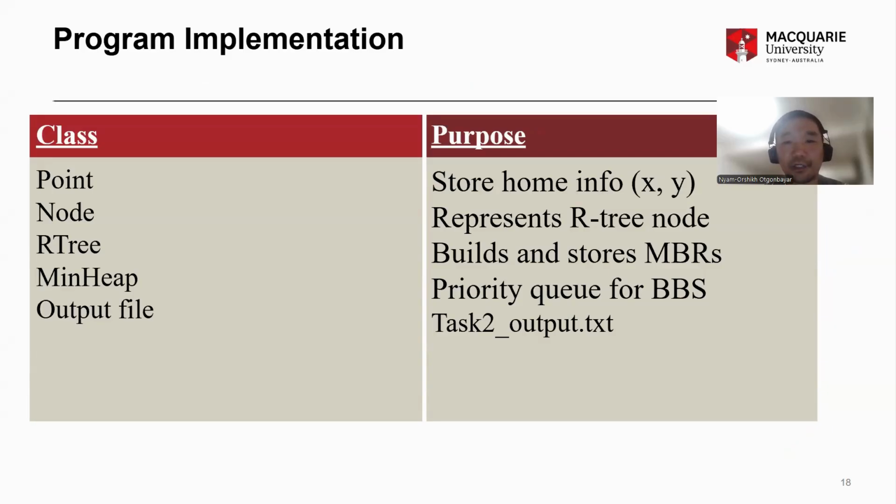The purpose of the Point class is to store each home's ID, cost, and price per square meter. The Node class represents a node in the R-tree with children and a minimum bounding rectangle. The R-tree class handles loading, node splitting, and tree construction. We also implemented a small MinHeap class to serve as the priority queue for the branch and bound skyline algorithm.